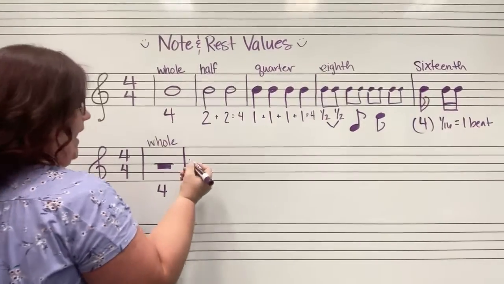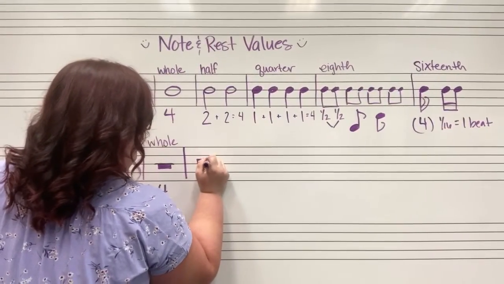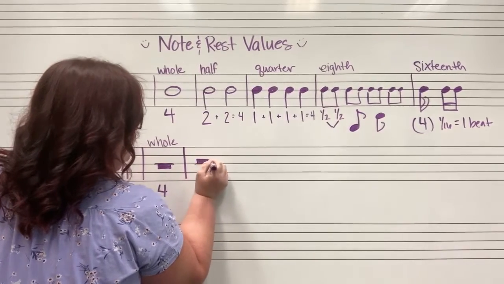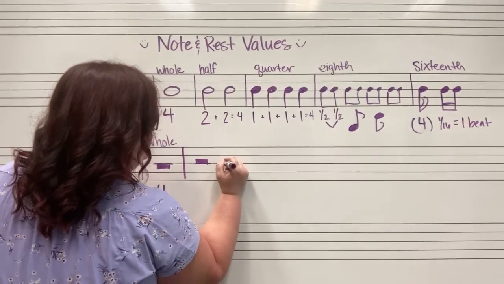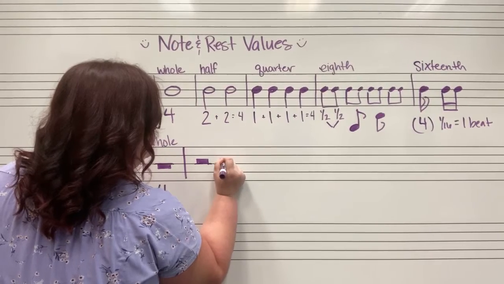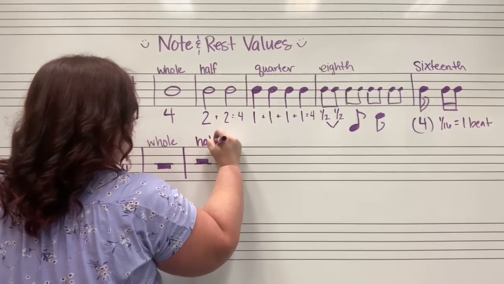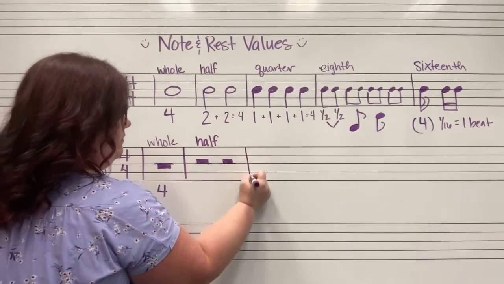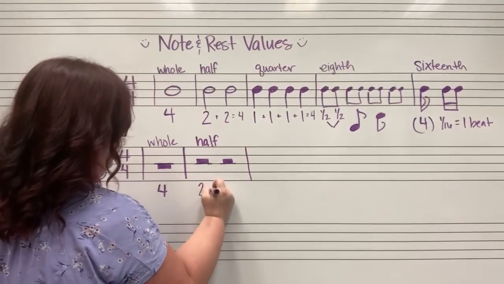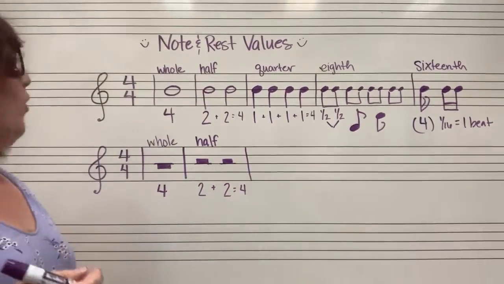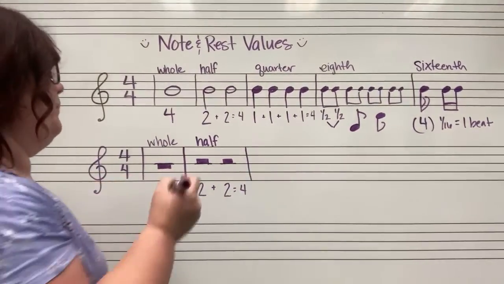So we divide that in half. And all we do is flip it over, add our little lines here. And we have half rests. Okay? So this gets 2 beats, this gets 2 beats, equals 4. 2 of those equals 1 of those.